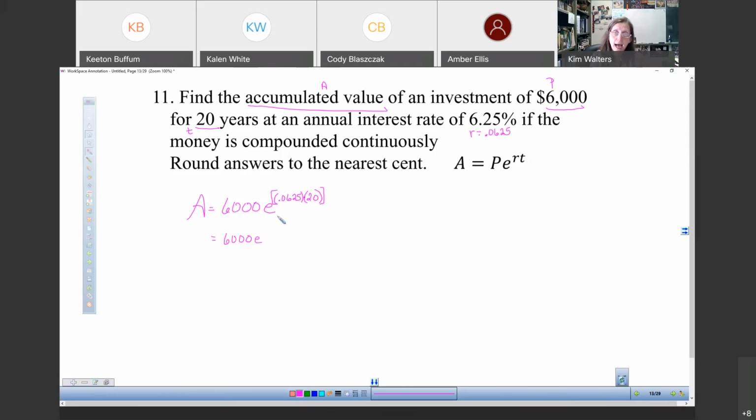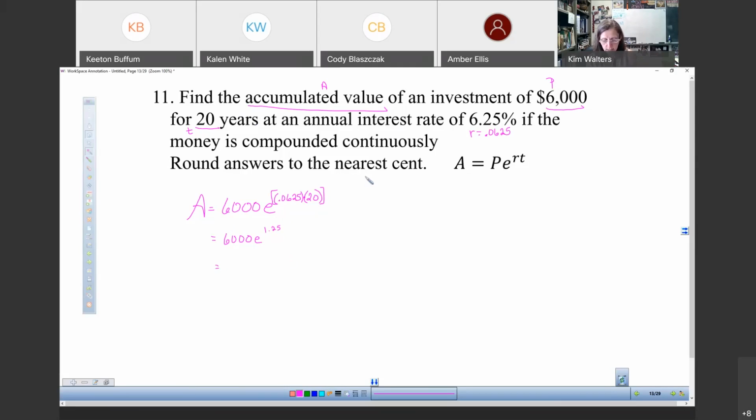Better yet, I would probably multiply those two things together first and get, in this case, 1.25, and then do all of this at once. But you can do everything at once. It's okay.